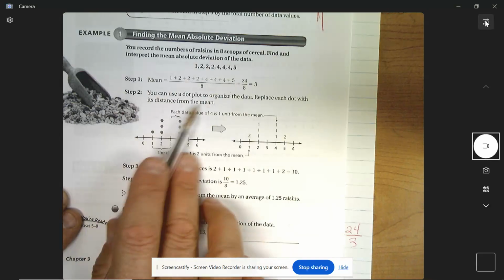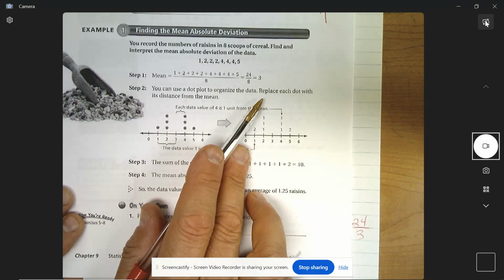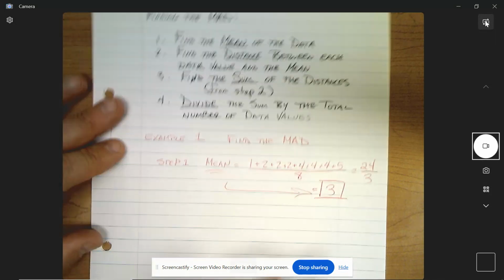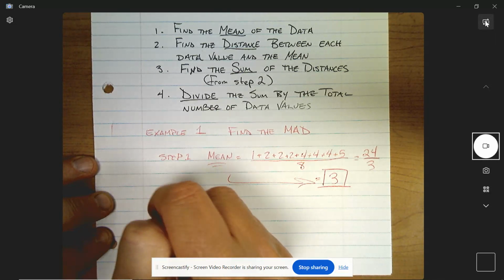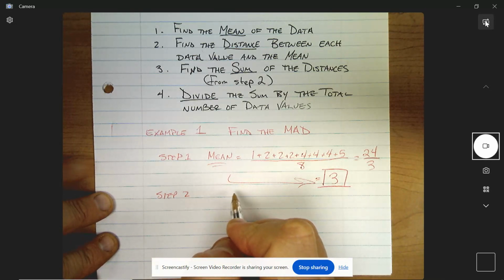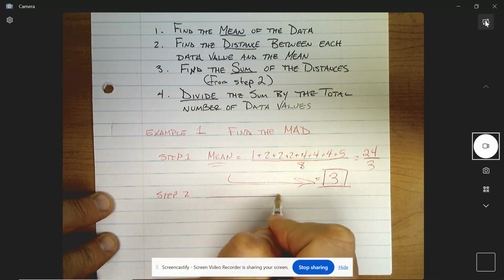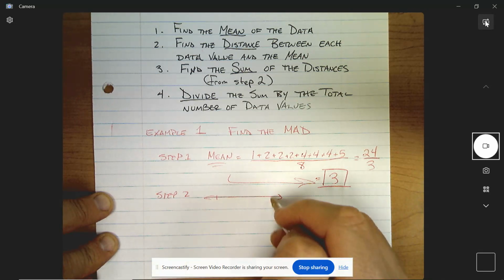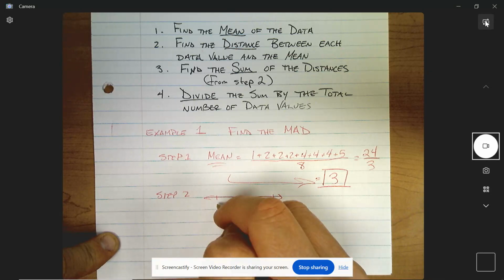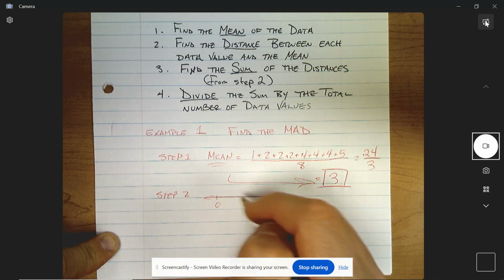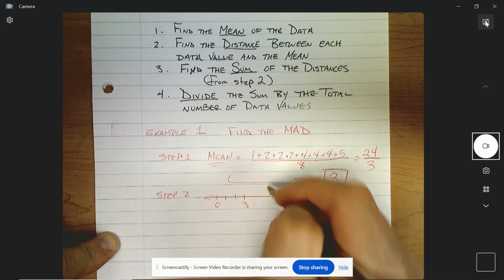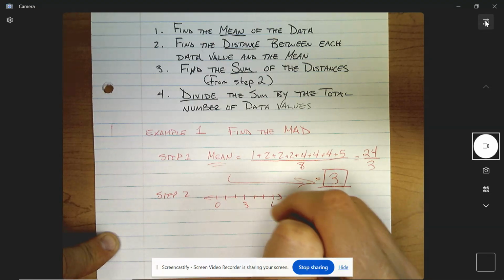Step 2, use a dot plot to organize or replace each dot with the distance. So let's just make a dot plot just like they did. Step 2. They did it from 1 to 6, and actually they went 0, 1, 2, 3, 4, 5, 6.